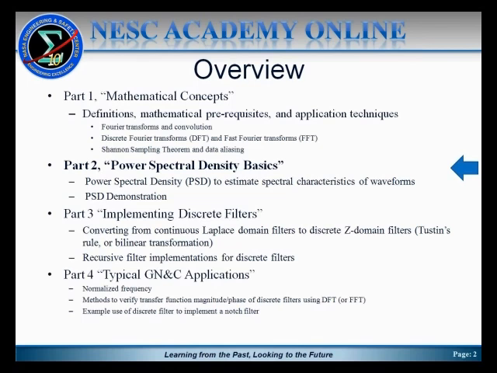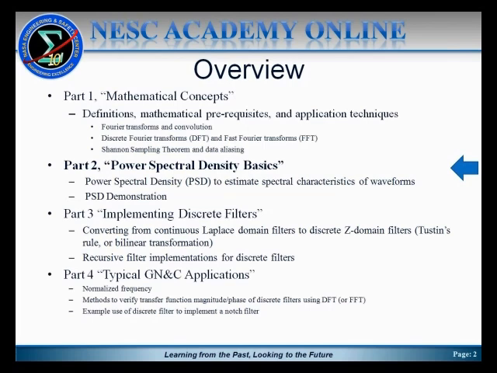We also discussed the Shannon Sampling Theorem and data aliasing, which is related to the frequency at which you sample a time signal and how that's important in capturing the true characteristics of the signal.